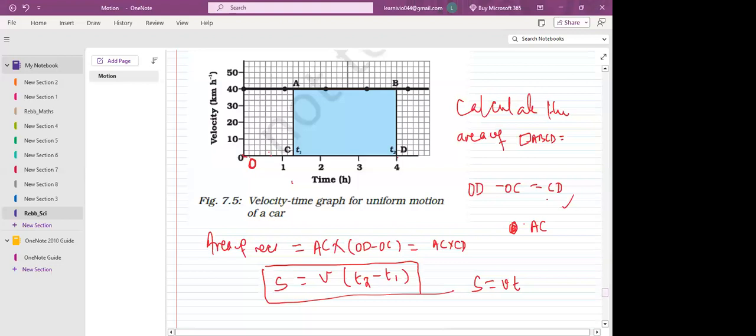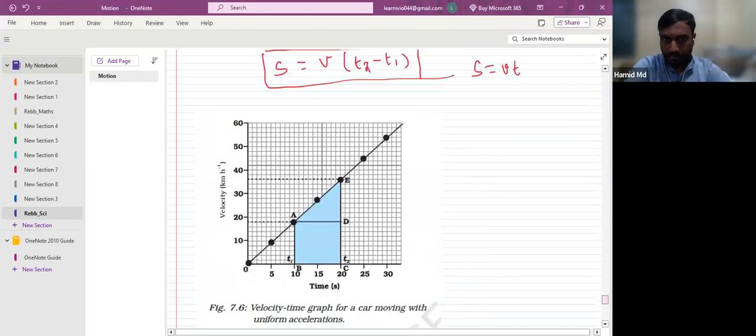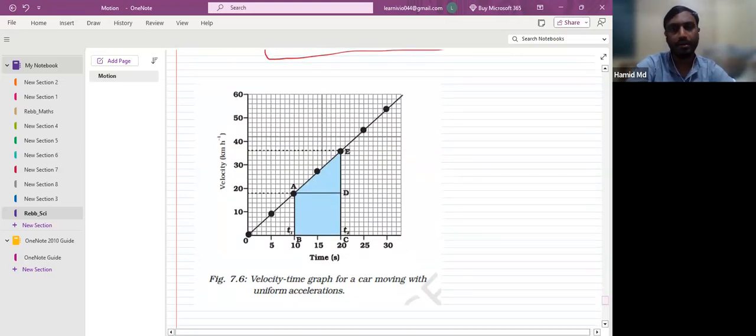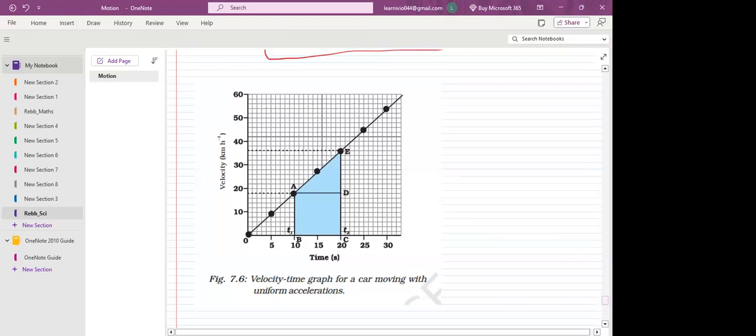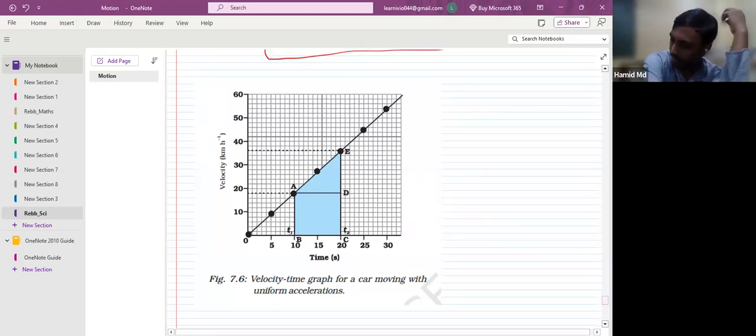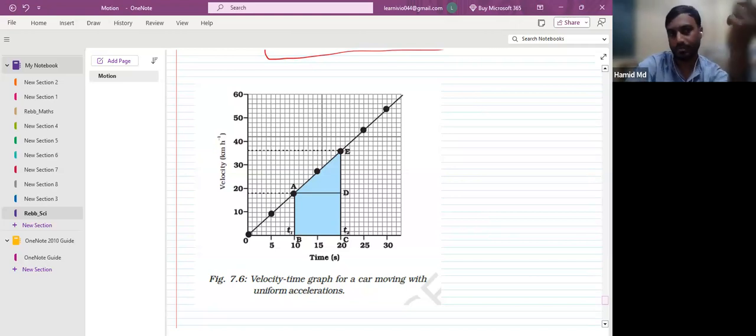And now I'm leaving you with this. I think we calculated the area for this graph as well, right? If you remember, I think you will do it in a minute. You won't take more than a minute, right?